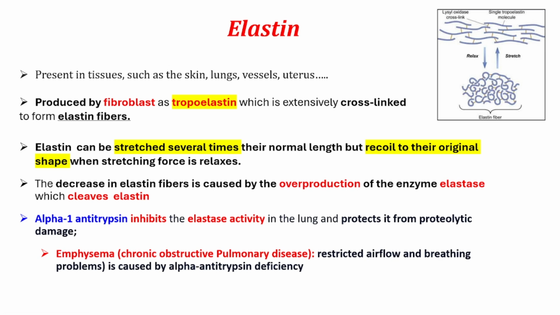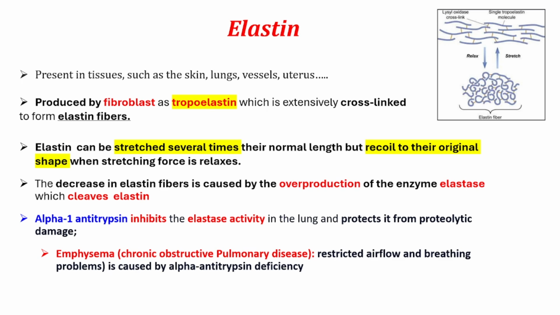All right, for diseases, to finish, we have in our body sometimes an overproduction of an enzyme which is called elastase. This enzyme will degrade the elastin. So if it degrades the elastin, it means the elasticity in the tissue will decrease, right?